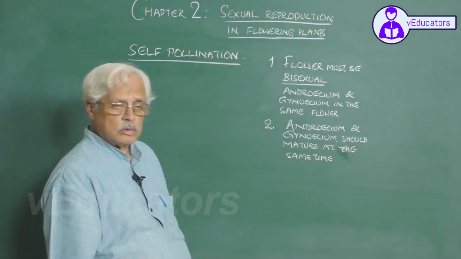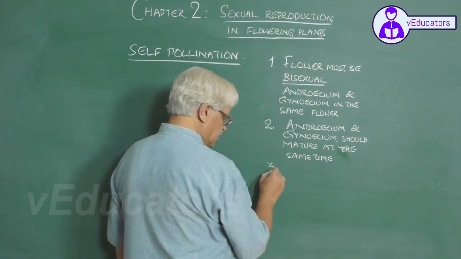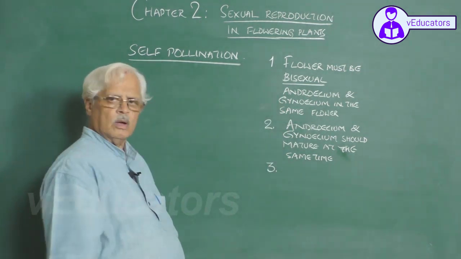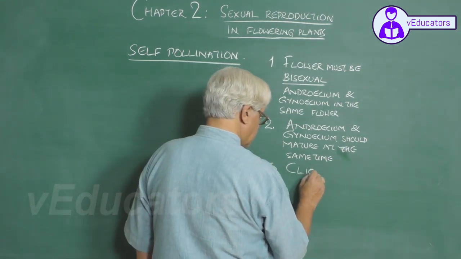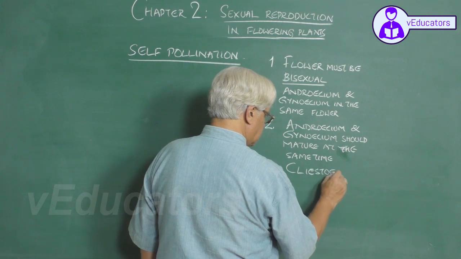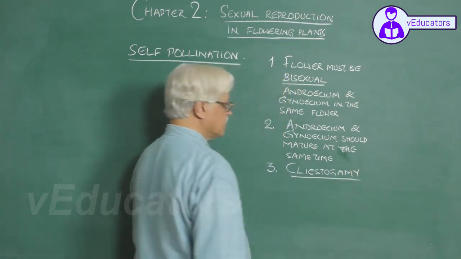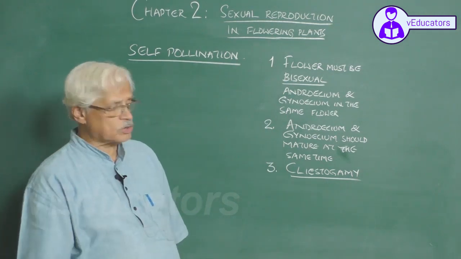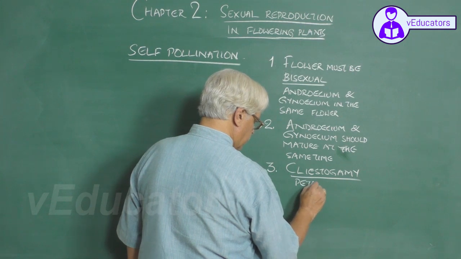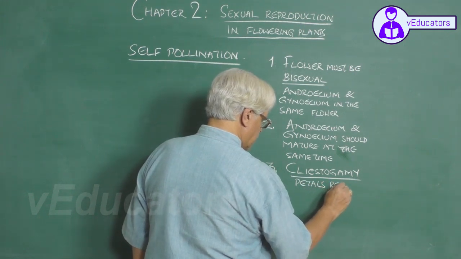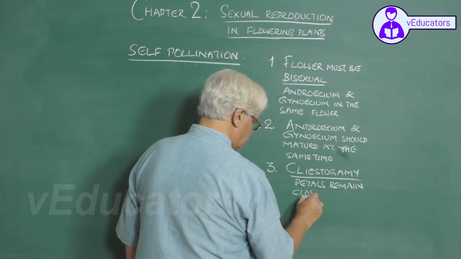Therefore, in most of the flowers that exhibit self-pollination, we see another situation that is called cleiostogamy. Cleiostogamy is a condition where the petals remain closed.